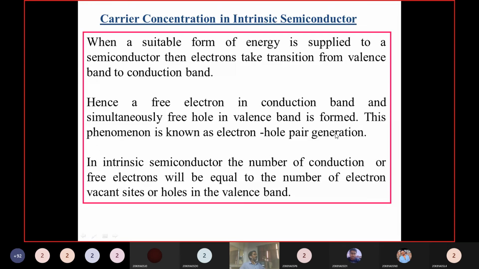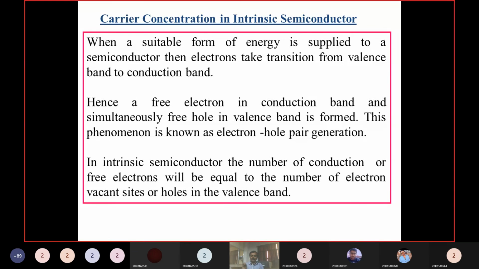If an electron jumps, a hole is formed in its place. Electrons will be present in the conduction band and holes in the valency band. This phenomenon is known as electron hole pair generation.